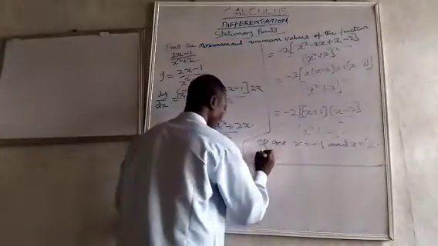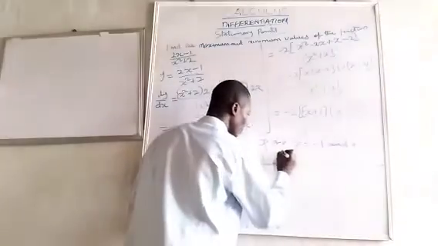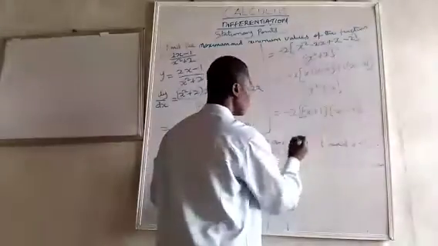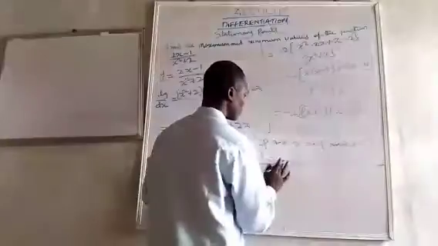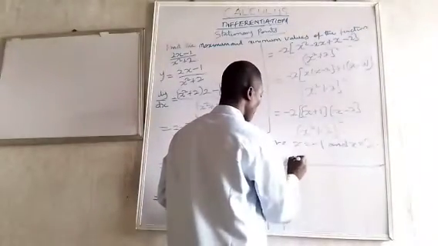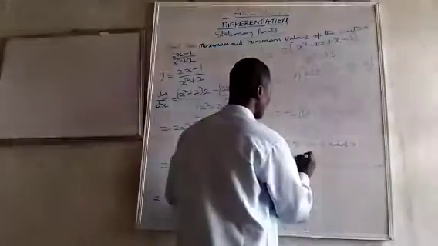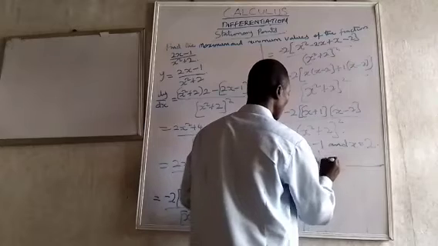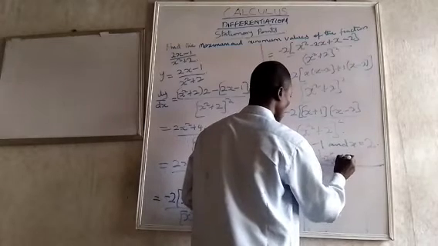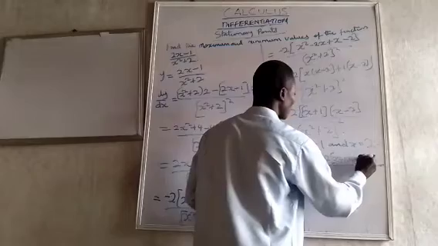So I have minus 2 into (x plus 1) into (x minus 2).